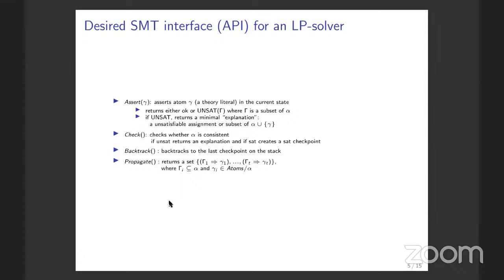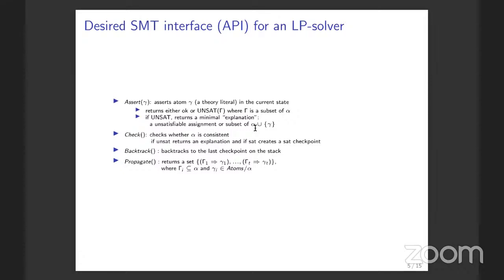Then you have propagate, which is supposed to return these kinds of implications. What is alpha? Alpha is the set of assertions that have been made up to that point.